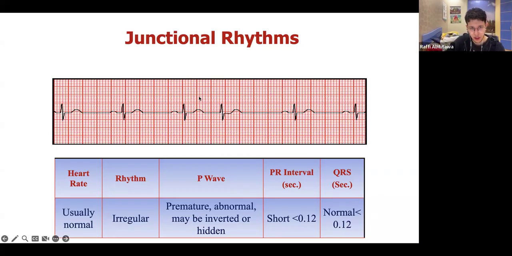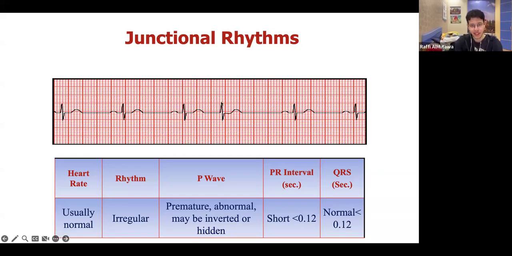Is there a missing P wave here? In the fourth QRS, so 1, 2, 3, 4. You mean this QRS? Absolutely, yes, there is a missing P wave in this QRS. Besides this missing P wave, would you say that everything else is normal?